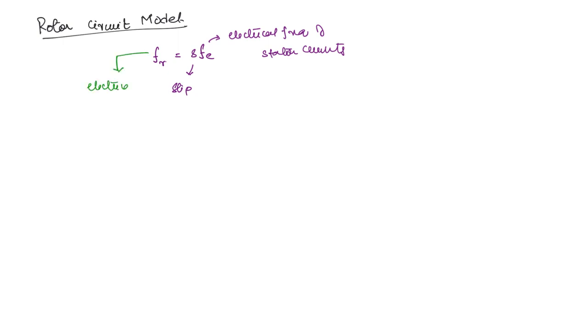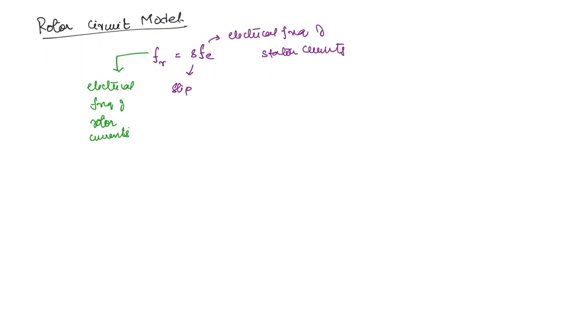We've already discussed before that the frequency of the rotor currents, Fr, is equal to S into Fe, where S is the slip, Fe is the electrical frequency of stator currents. You can write Fr also, this is the electrical frequency of rotor currents.